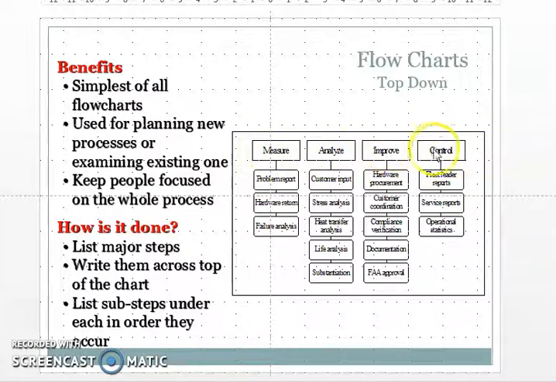These are the four major steps written across the top of the chart. Then list the sub steps under each category, so that you will understand in this activity what the different sub activities are that we are expecting to complete. That's why it is especially used for planning a new procedure or existing procedure.